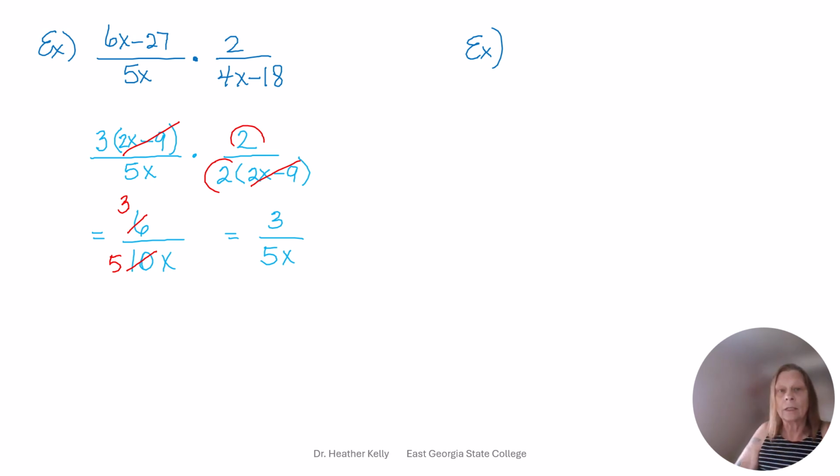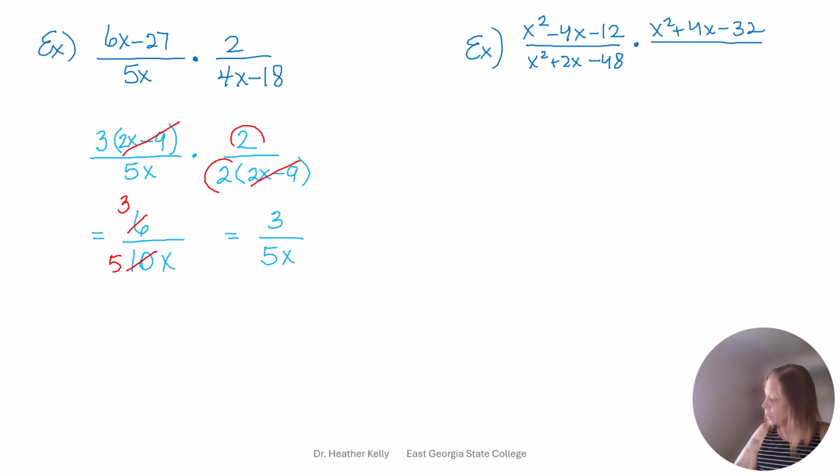We've got x squared minus 4x minus 12 over x squared plus 2x minus 48 times x squared plus 4x minus 32 over x squared plus 10x plus 16.